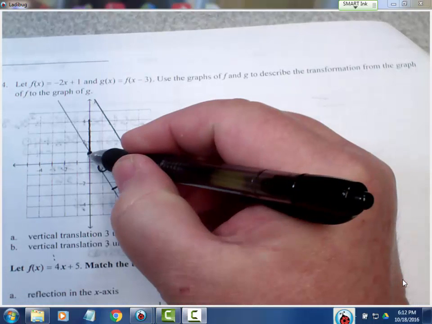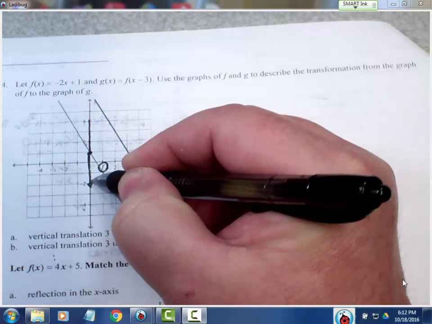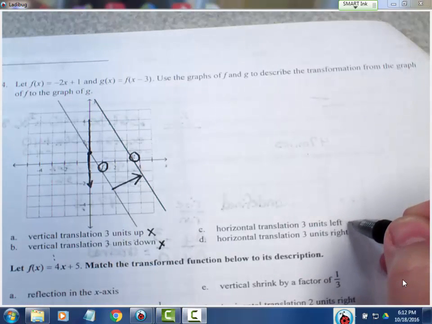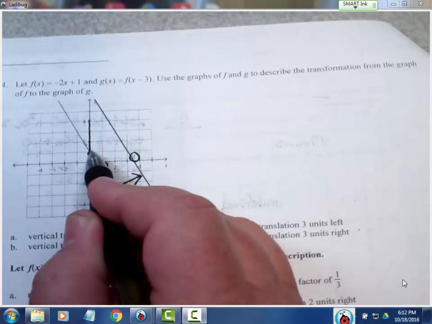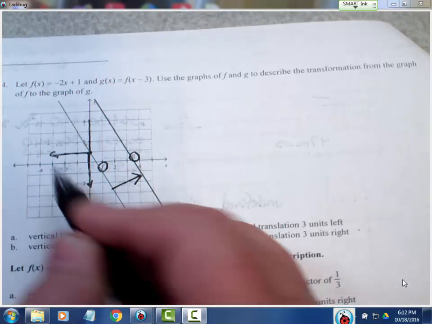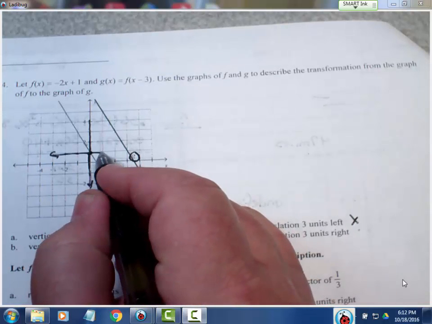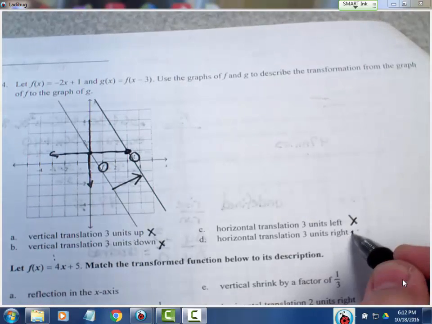If I start here on the y-axis and go down, 1, 2, 3, still didn't touch the other line. 3 units to the left. So here, at the y-intercept, 1, 2, 3, no line. So it's not left. Right, 1, 2, 3, I hit the line, so that's the correct answer.